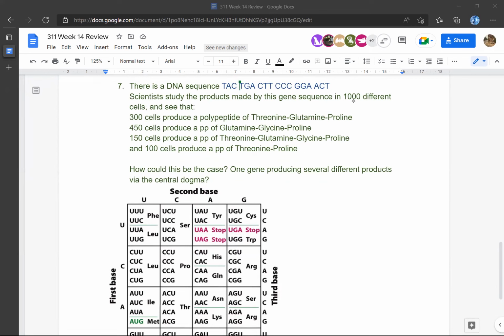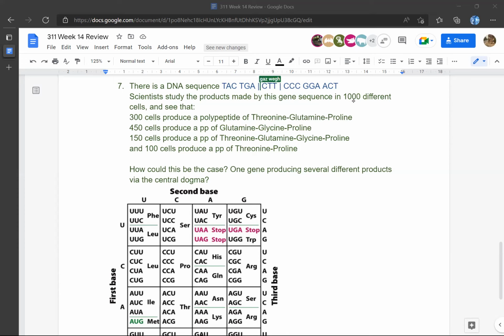So what I was trying to get at was that if you had a splicing event here, or if you had a cleavage site here and here, for example, this would produce these codons. Let me restate that. If you had a cleavage site here and here, then obviously you'd get CTT, and this would become the anticodon GAA, which would produce glutamine.